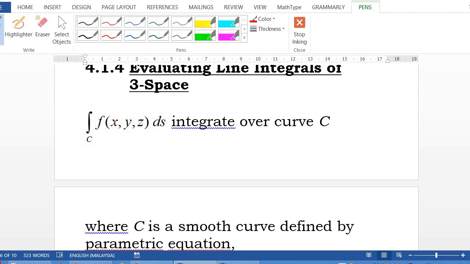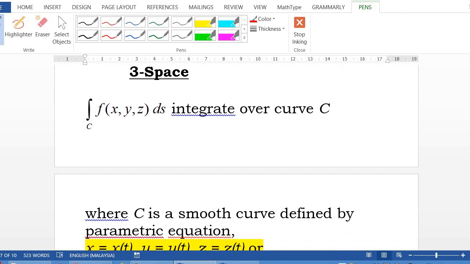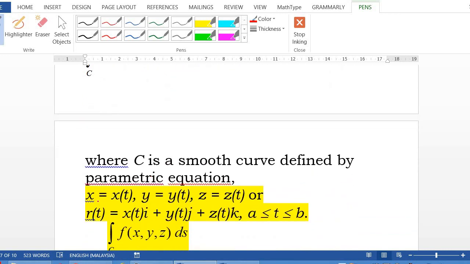This is the line integral of f(x, y, z) ds along curve C. In the line integral of a scalar field, you integrate ds, where s is lowercase and stands for the arc length. ds is one small unit of the arc length of your thin wire, curve C, where C is a smooth curve defined by the parametric equations x = x(t), y = y(t), z = z(t), or in vector-valued function form, r(t) = x(t)i + y(t)j + z(t)k, where t goes from a to b.